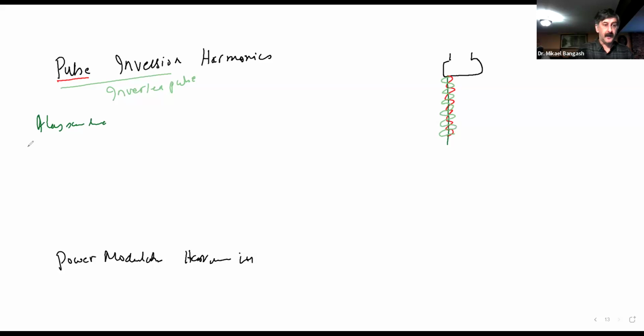So what we actually have along each scan line is an initial pulse, and a pulse which is completely inverted to our first pulse. That is what you call pulse inversion harmonics.